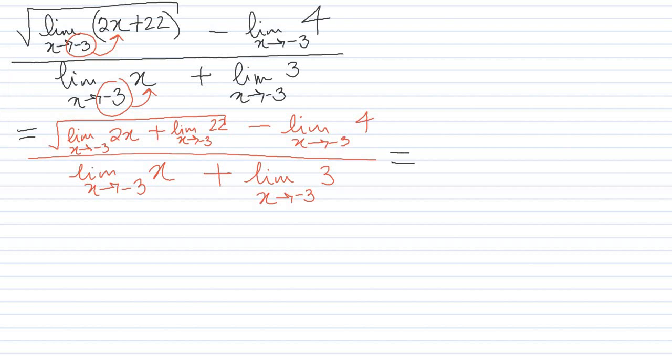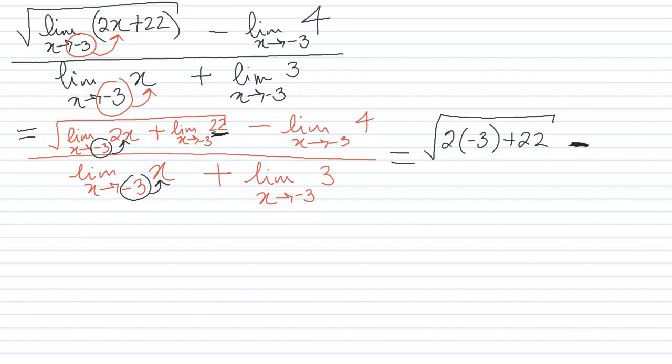So we can now substitute here comfortably. You have the square root still, because the square root is not going anywhere. So that will be 2 times negative 3 plus 22, because we have a constant here, and that doesn't have much of an impact, except that we still put a 22.